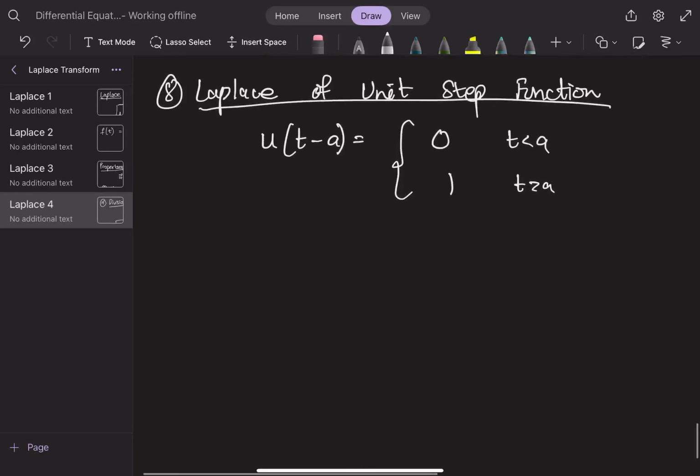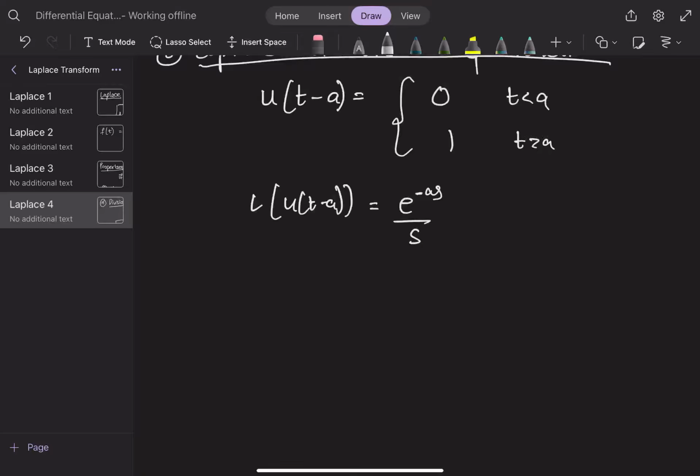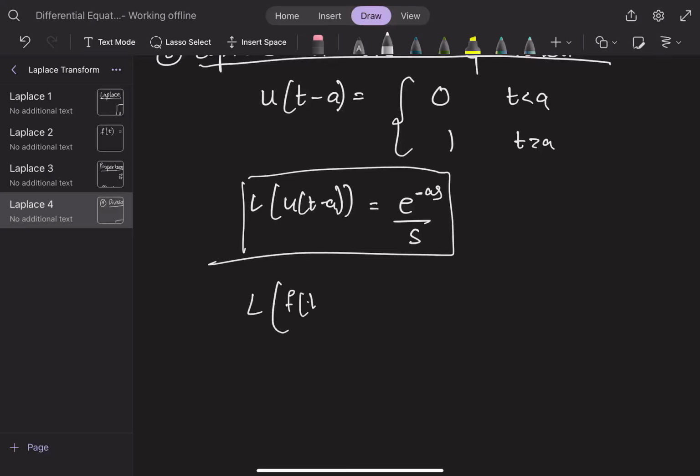So Laplace of u of t minus a is given by e raised to minus as divided by s. Similarly, Laplace of f of t multiplied by u of t minus a, which is some function f multiplied by this unit step function, is given by e raised to minus as multiplied by F of s plus a.